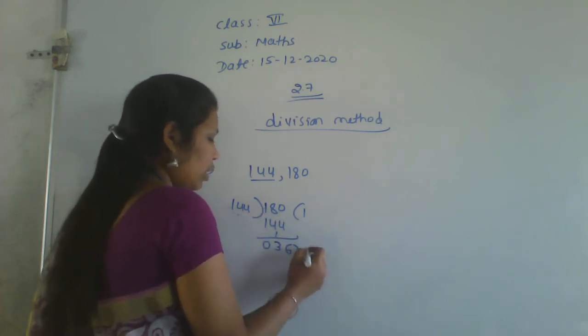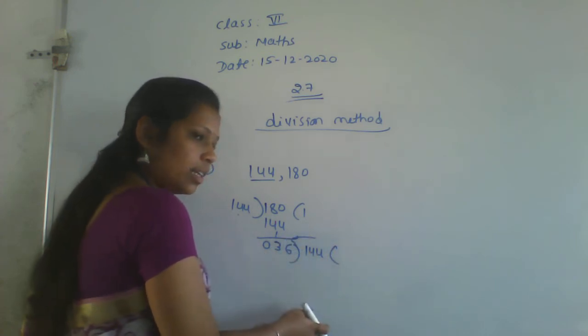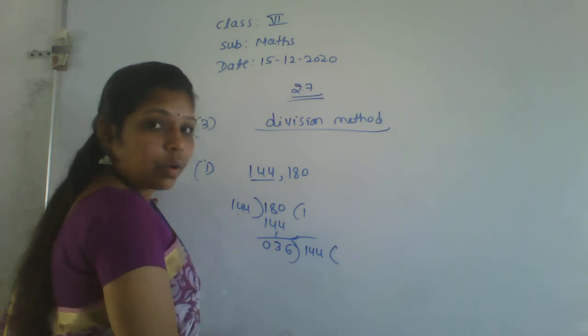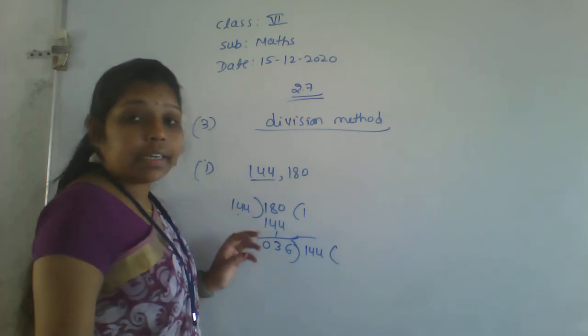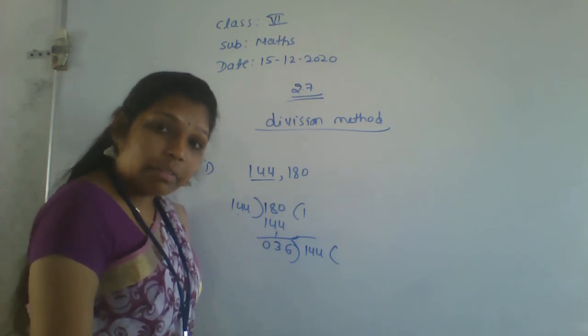Next take 144 inside. Until you get the remainder as 0, you have to go on doing the division. That is called the division method.